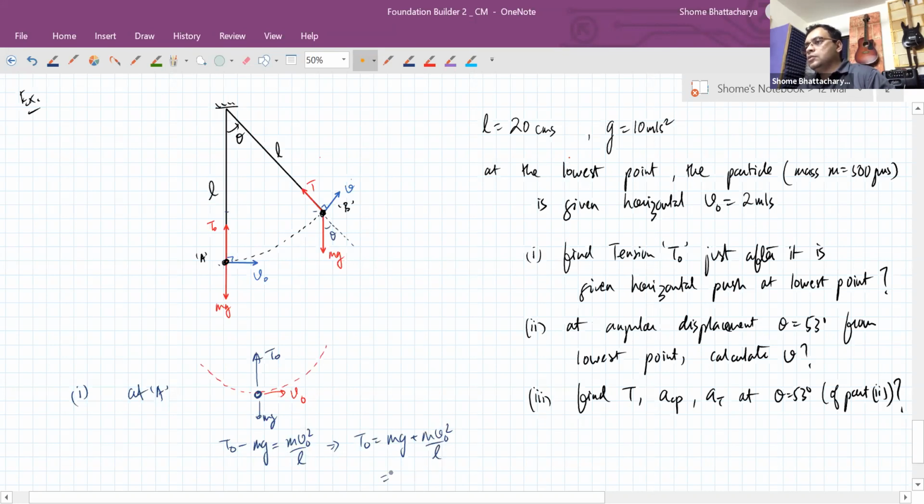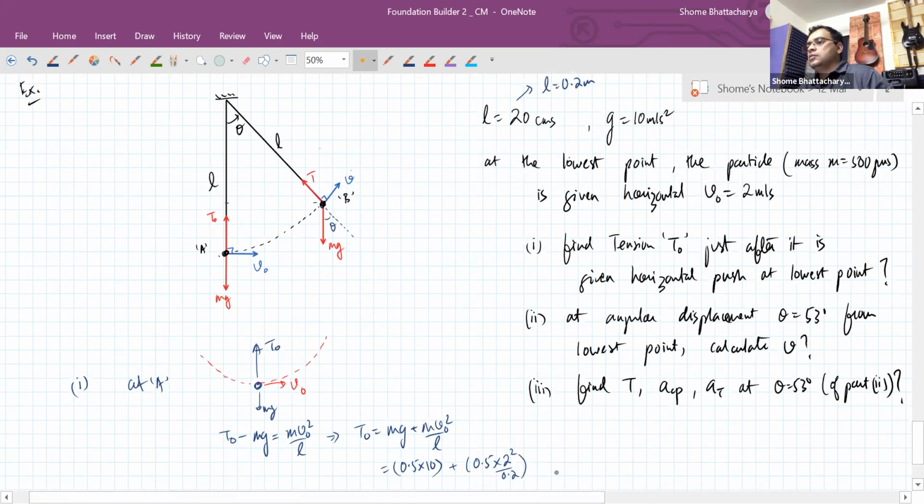Okay, so 500 grams was the mass. So 0.5 into 10 plus 0.5 into 2 square divided by 0.2, because the length is 0.2 meters, that is 5 plus 10, 15 newtons.